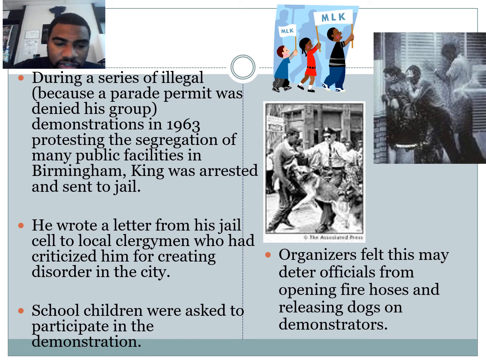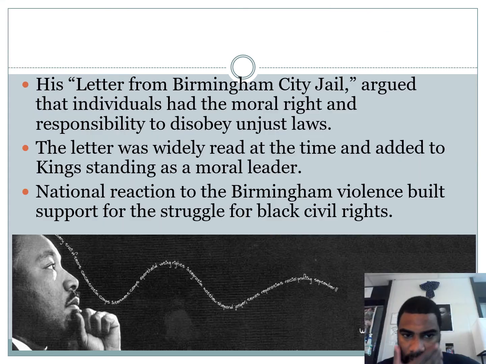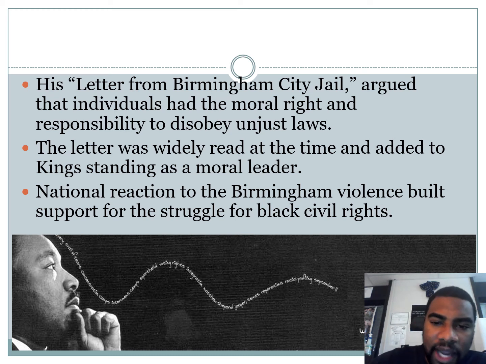School children were asked to participate in the demonstration. Organizers felt this may deter officials from opening fire hoses and releasing dogs on demonstrators. His letter from a Birmingham City Jail argued that individuals had the moral right and responsibility to disobey unjust laws.